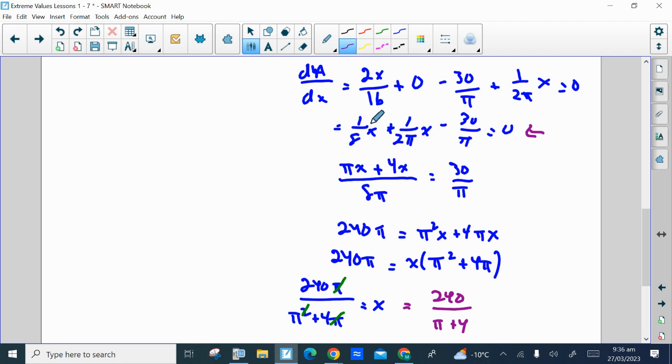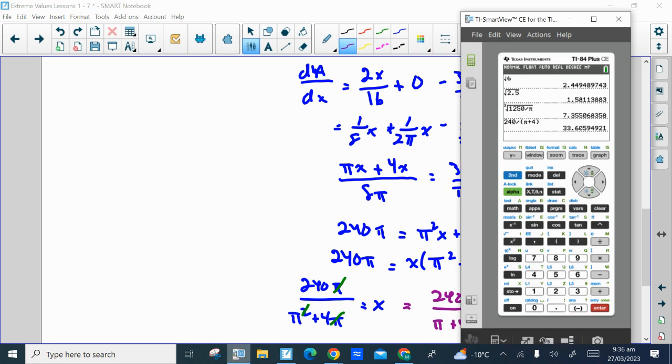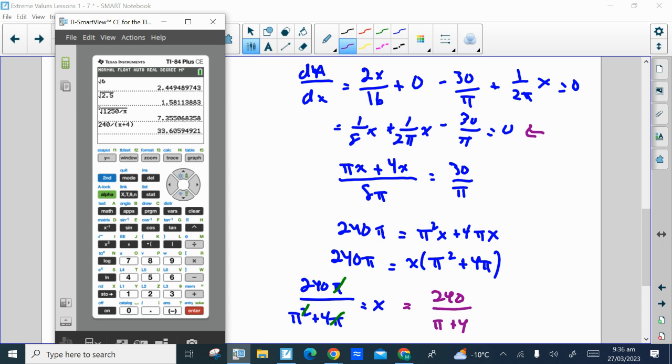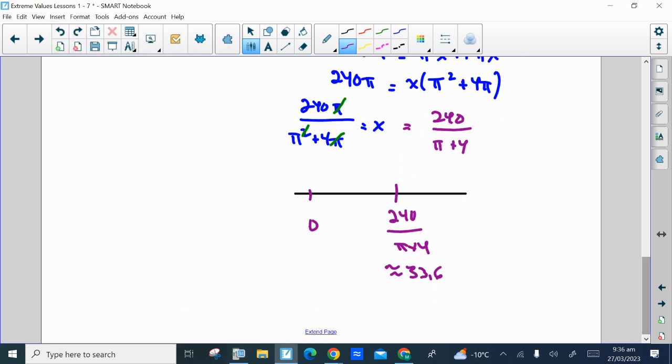And so when x equals 1, you're going to have 1/8 times 1, which is 1/8, plus 1 over 2 pi. You need to put the 2 pi in brackets to keep it as a denominator, minus 30 over pi. That gives us a negative value. So the function is decreasing in this interval.